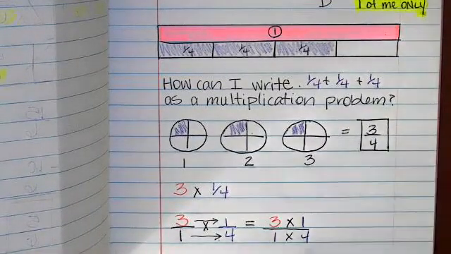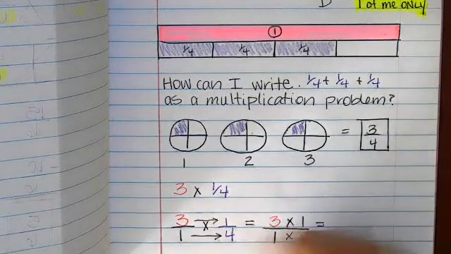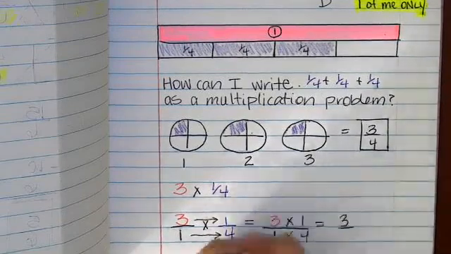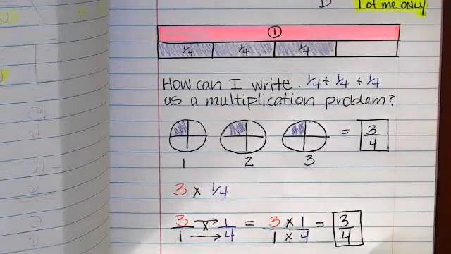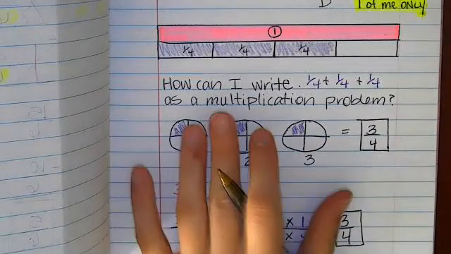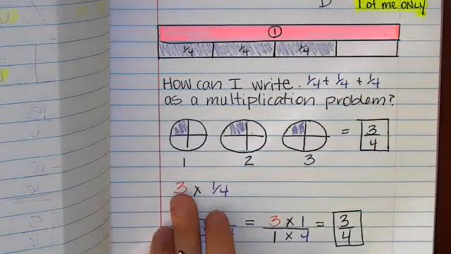We are just doing it straight across. So 3 times 1 is 3, and 1 times 4 is 4. We are getting the same solution of 3/4. And that is how you multiply a whole number, like 3, by a unit fraction.